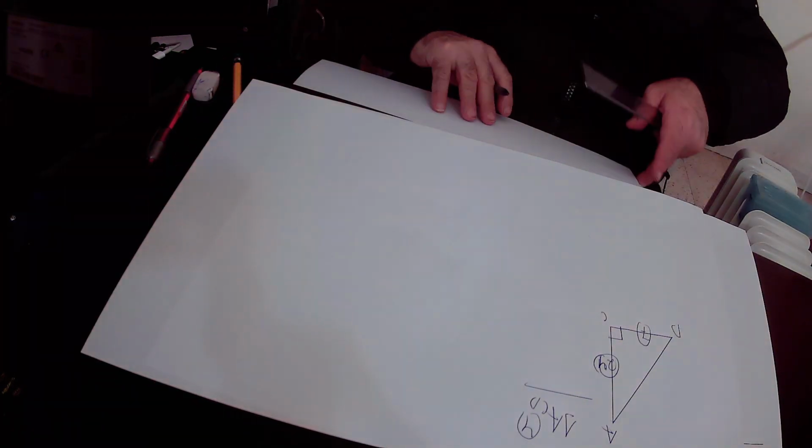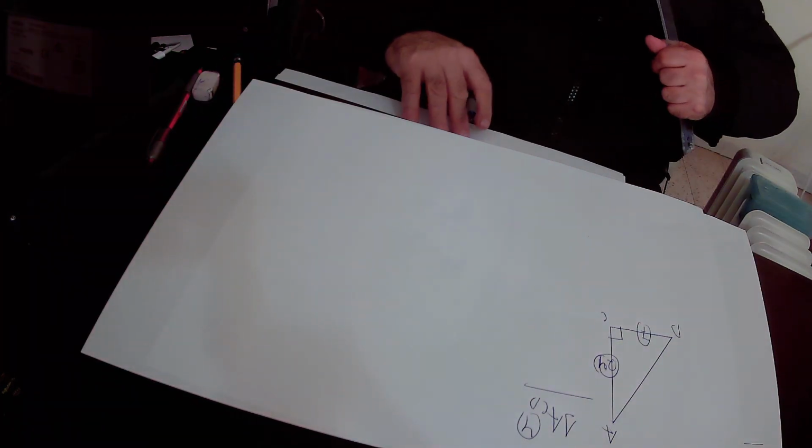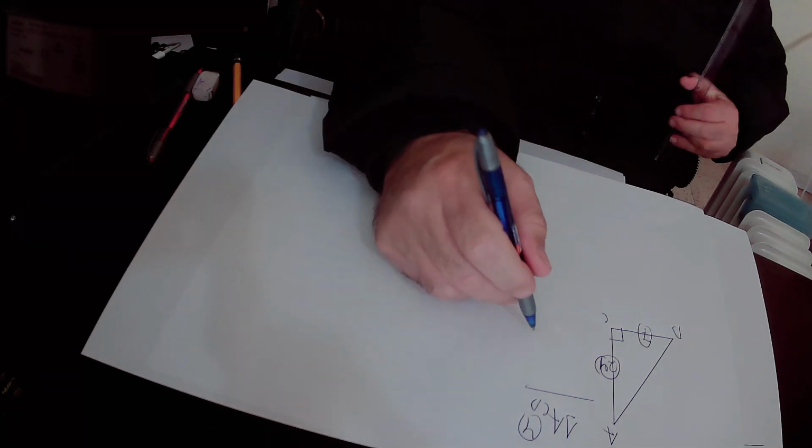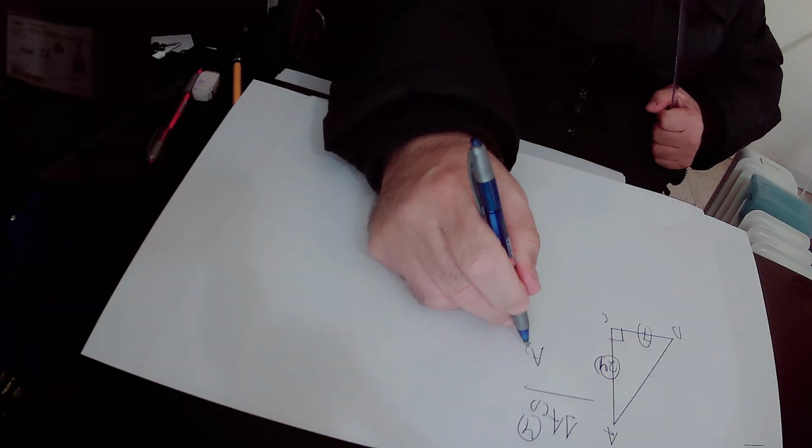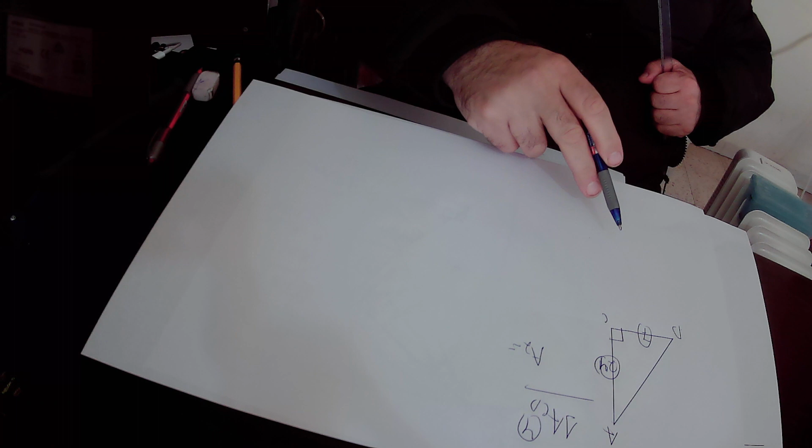This is the right triangle ACD that I copied from the original domain, and A2 is the area of this right triangle.